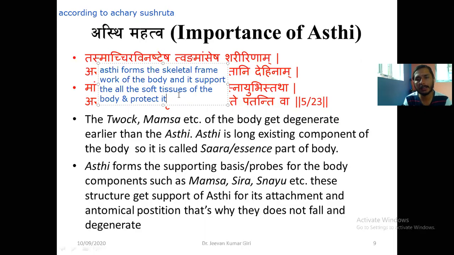Vessels, nerves, and all the structures and tissues present in the body are supported and protected by it, isn't it?